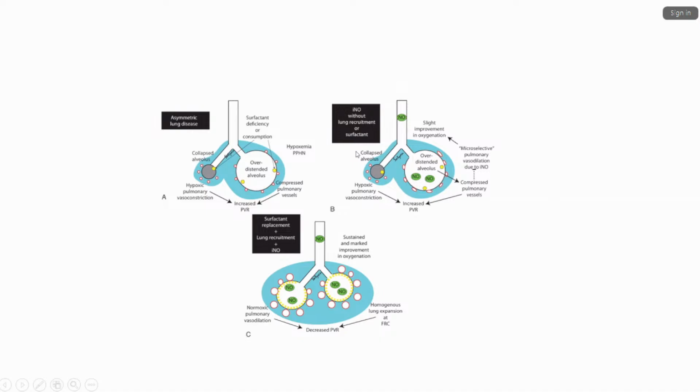So in this case, the alveolus was still collapsed and the other one was overdistended with nitric oxide therapy. In the third scenario, we have given surfactant plus lung recruitment plus iNO. In this case, you can see both sides the alveoli are dilated and the oxygenation is better.